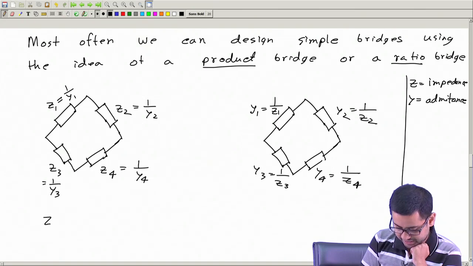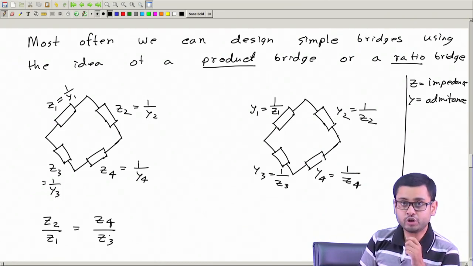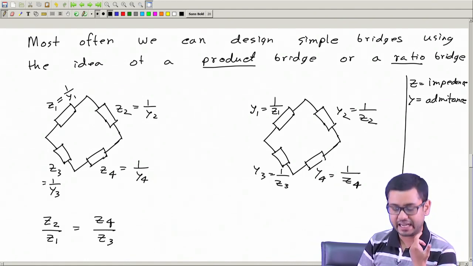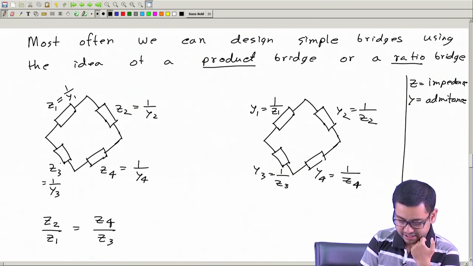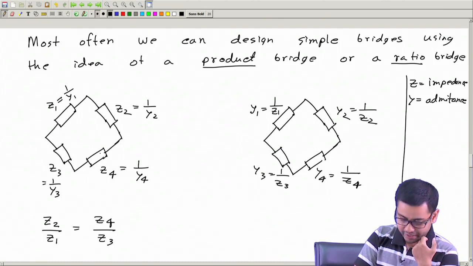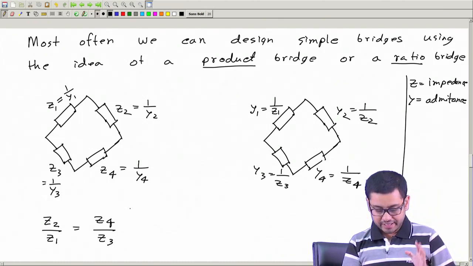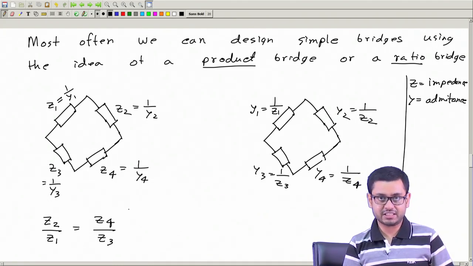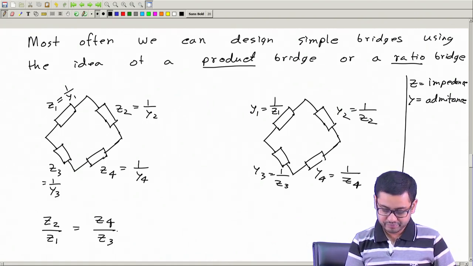Okay. Now, the balance condition for this bridge you can write in this way. Say, let me write it as Z2 by Z1 same as Z4 by Z3. Ratio of any adjacent side, you can take it in any way. Z1 by Z3 is same as Z2 by Z4 or Z4 by Z3 same as Z2 by Z1. So, the ratio of adjacent sides, similar ratios of adjacent sides should be equal. Okay.